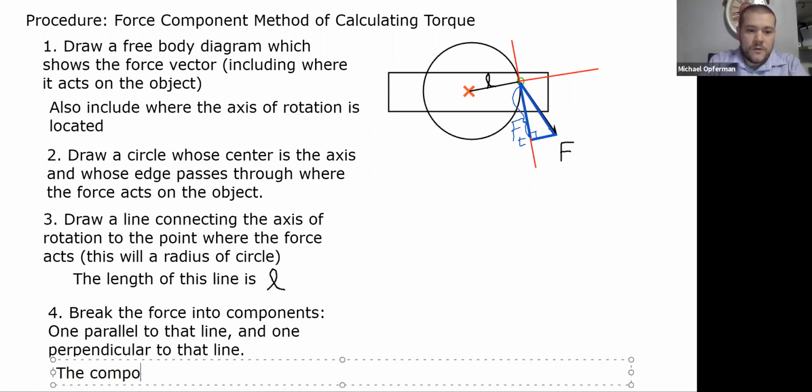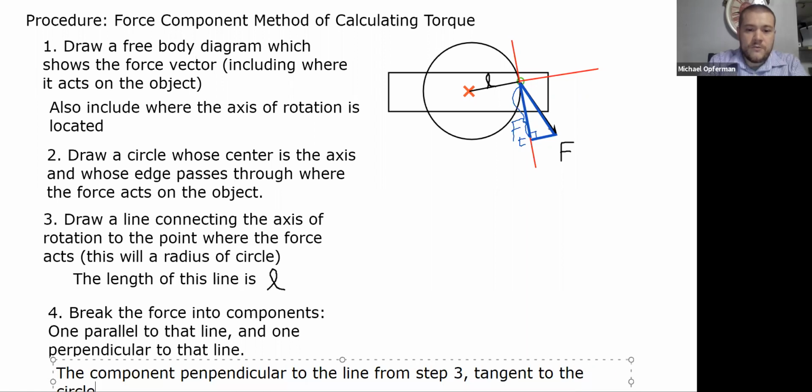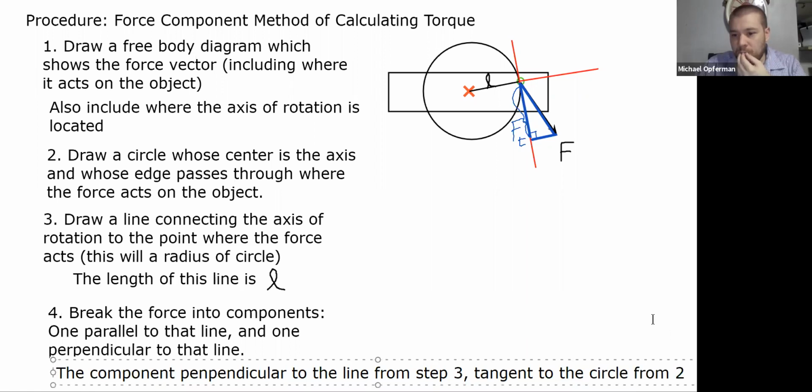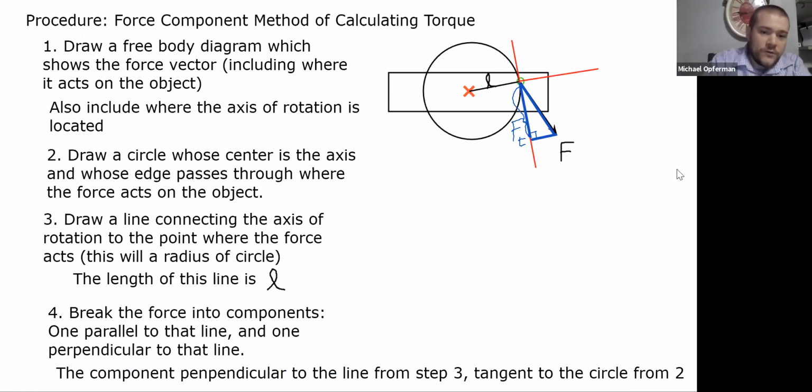Okay, so the component perpendicular to the line from step 3 and tangent to the circle from step 2 is the component that I am looking for. That's the one that I am referring to as FT.